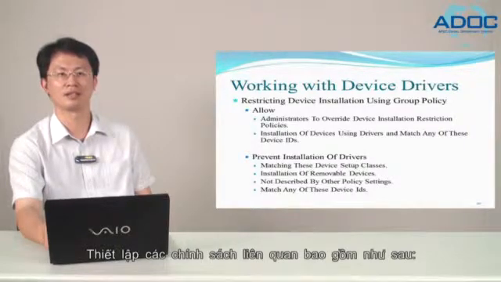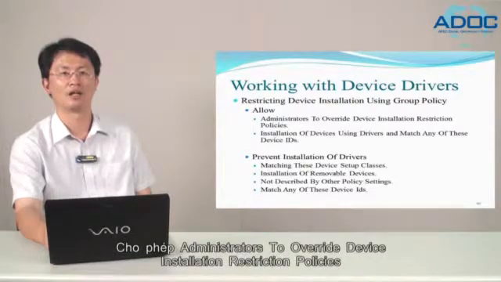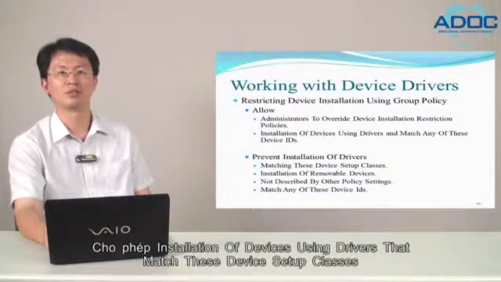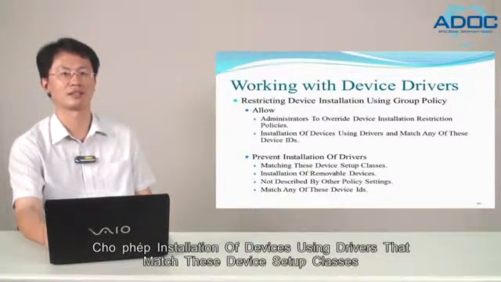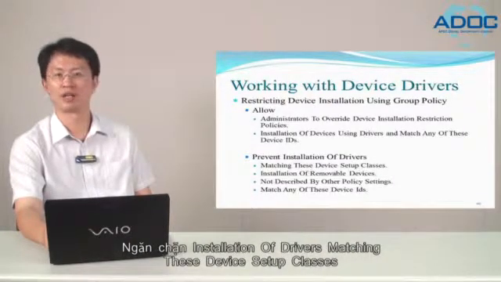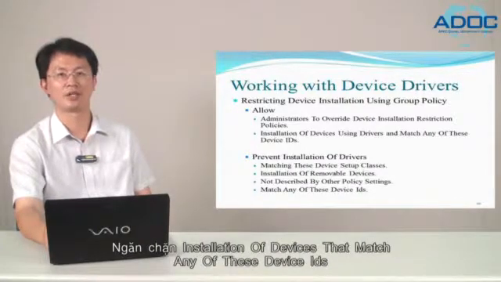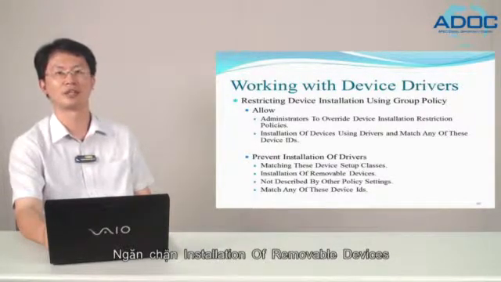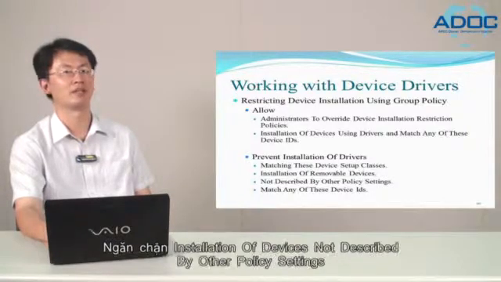The related policy settings include the following: allow administrators to override device installation restriction policies, allow installation of devices using drivers that match these device setup classes, and allow installation of devices that match any of these device IDs, or prevent installation of drivers matching these device setup classes, or prevent installation of devices that match any of these device IDs, and prevent installation of removable devices, and prevent installation of devices not described by other policy settings.